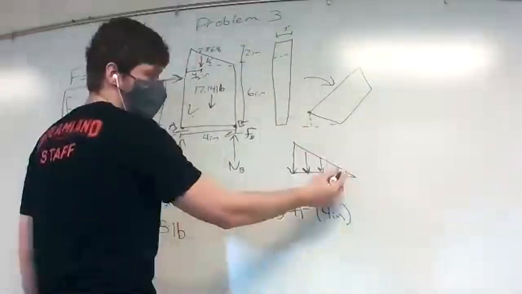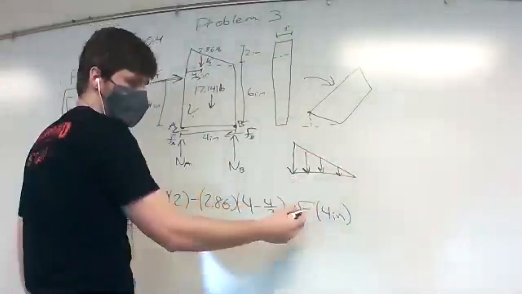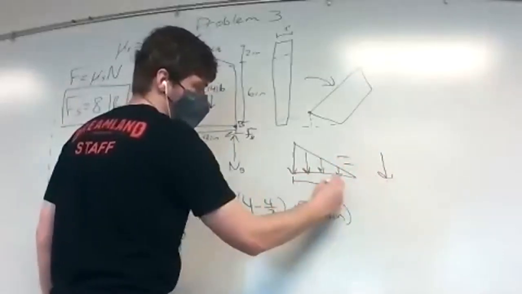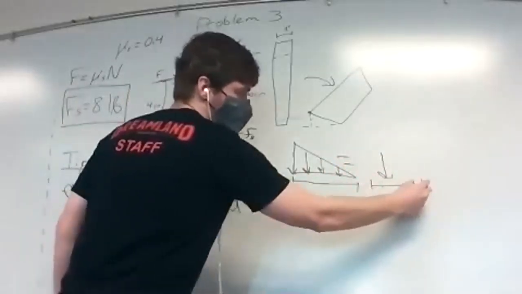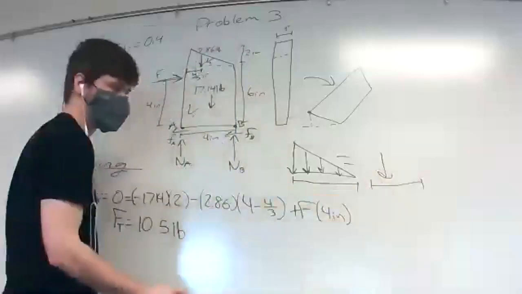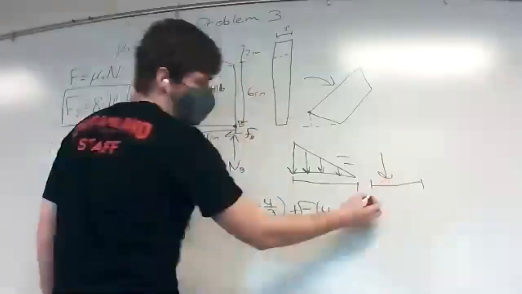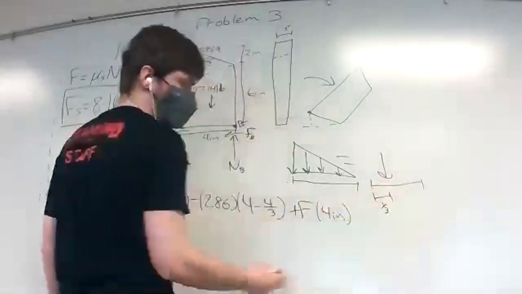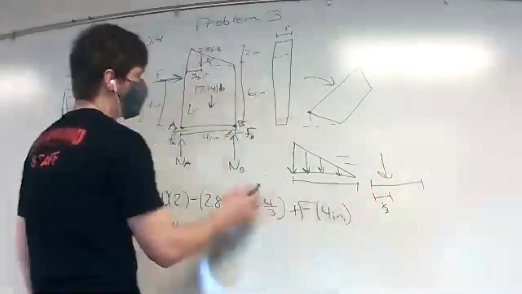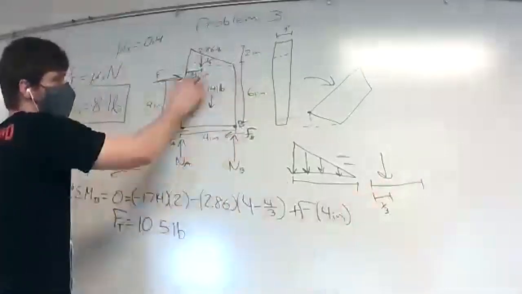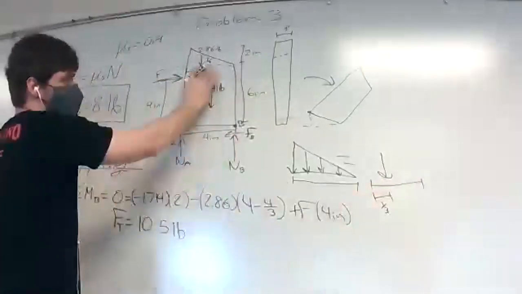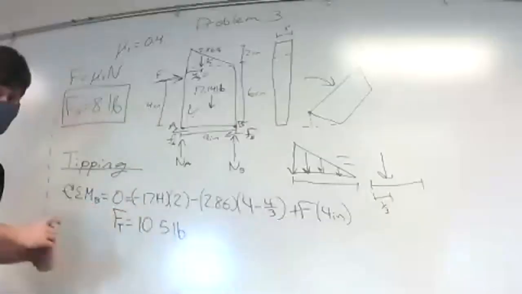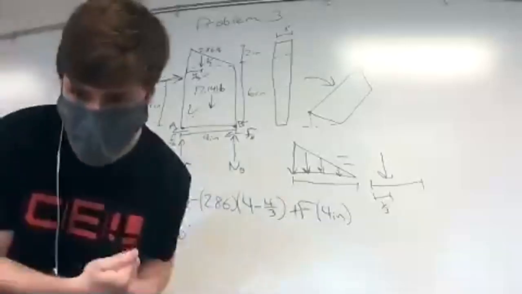And if this entire force, we make it into a single point load, this is going to become this, skewed to the larger side. So that distance is 1/3 of this whole distance. So it would be 8/3, but that's where that comes from.